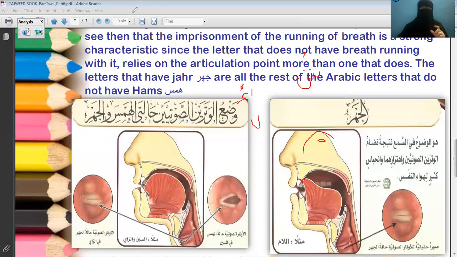Hams, I make running of the breath. But the jahr, the opposite of hams, I will cut the breath when we pronounce the letters because we close the articulation points of the letter. Okay, we can try now.